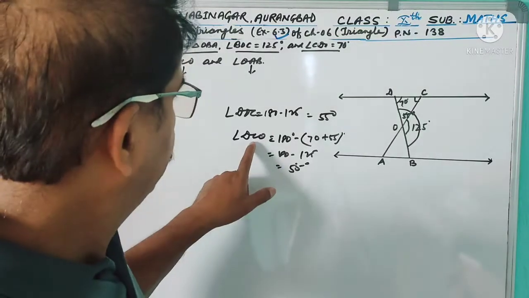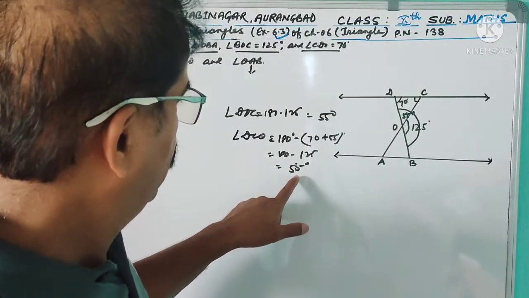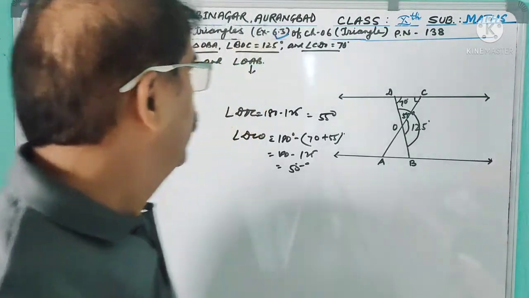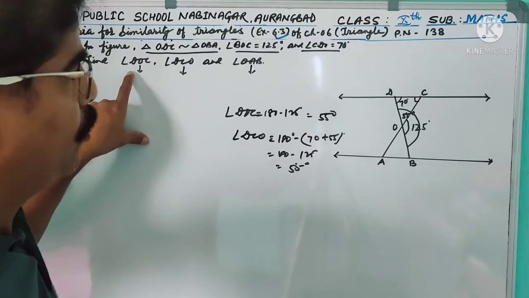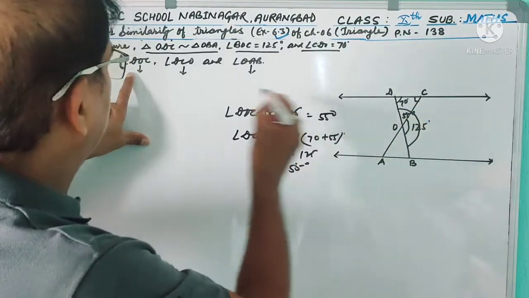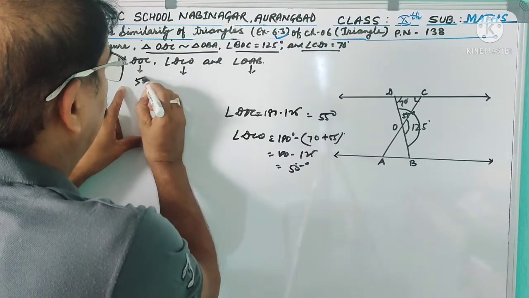Dear friends, DCO equal to 55 degrees. So you find DOC, it is 55 degrees.